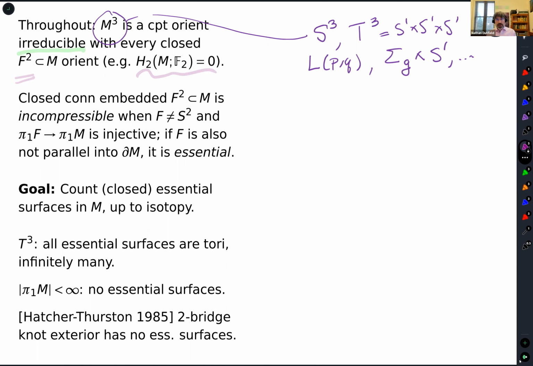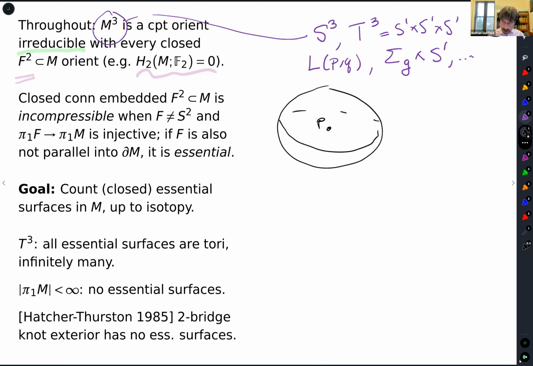As in many areas of topology and geometry, one place to start studying an object is to look at its hypersurfaces, that's codimension one objects. So in this case, this is simply the surfaces. And what kind of surfaces do we want to look at? We're in a three manifold, so every point has a neighborhood that looks like a ball.